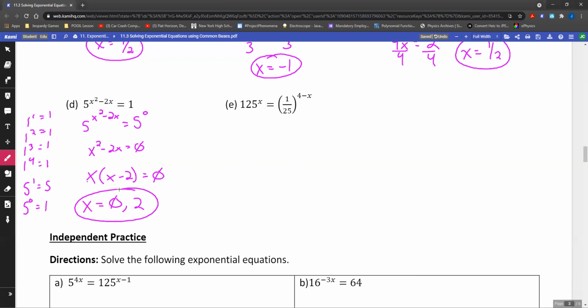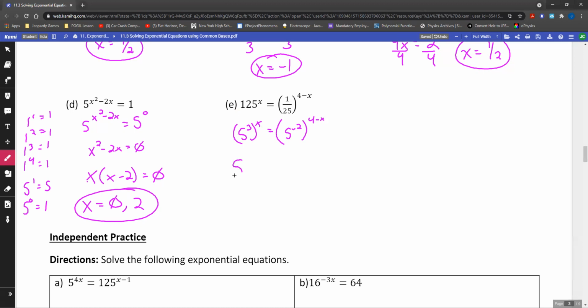All right, so here, what we're going to do, we're going to actually have to rewrite both of these as powers of 5. So 125 is just 5 cubed. And 1 over 25 is 5 to the -2. Because remember, 25 is 5 squared, but because it's in the denominator, I have to make my exponent -2 in order to reflect that.